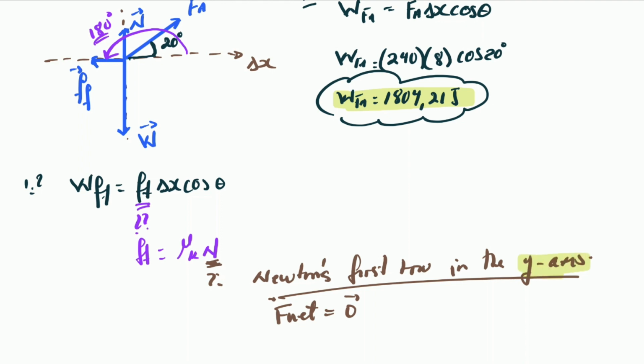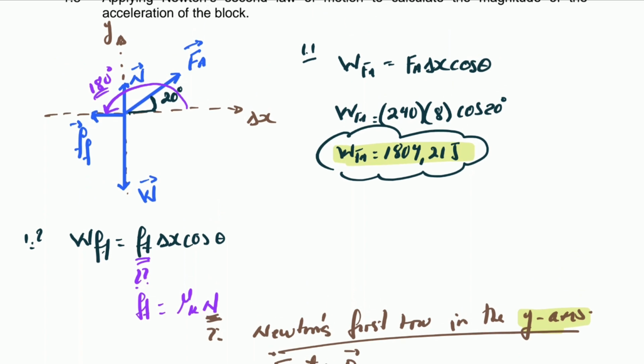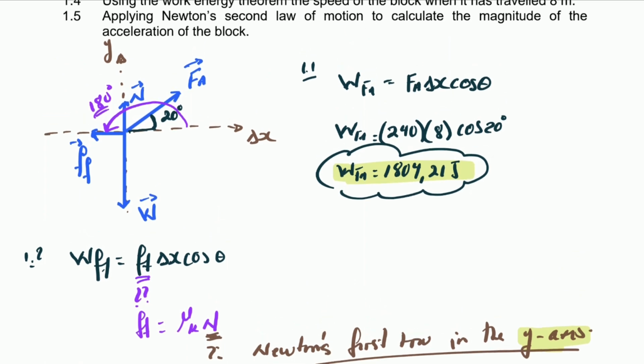So if we go back to the free body diagram we have here, there is a thing. We have a force which has an angle with the horizontal, and the force is not in any of the axes. So we must get the component of that force.